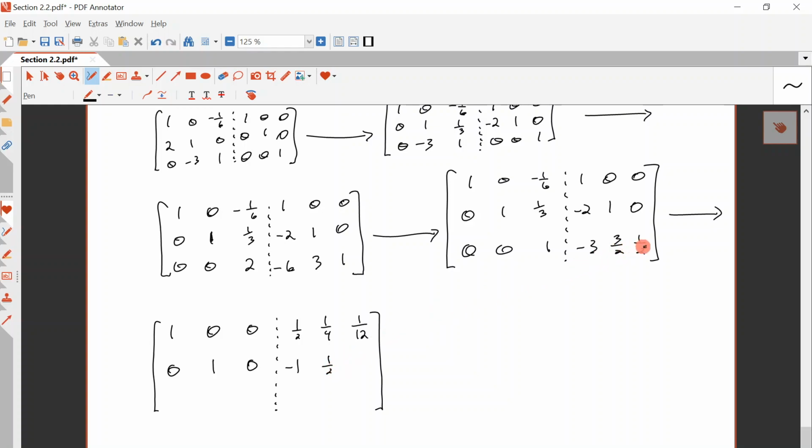Multiply by 1/3, I get a sixth. And subtract, -1/6. And lastly, oh, I'm done. There's a 0 here, so we're done. 0, 0, 1, -3, 3/2, 1/2. So this is A inverse.